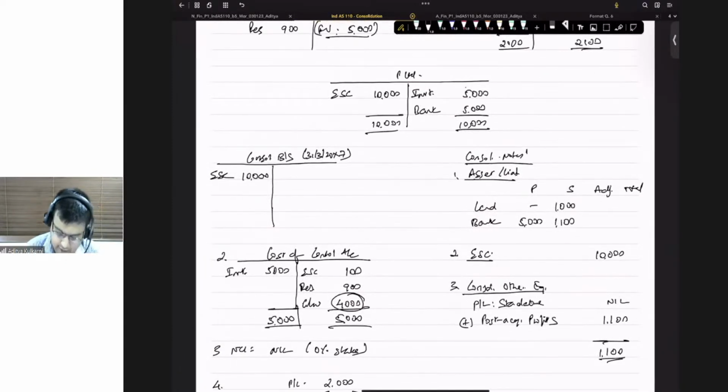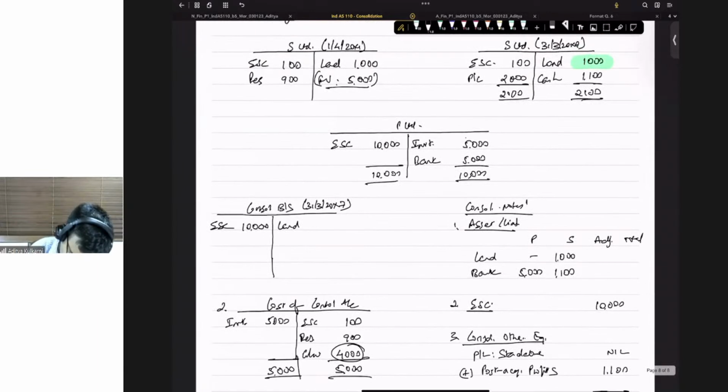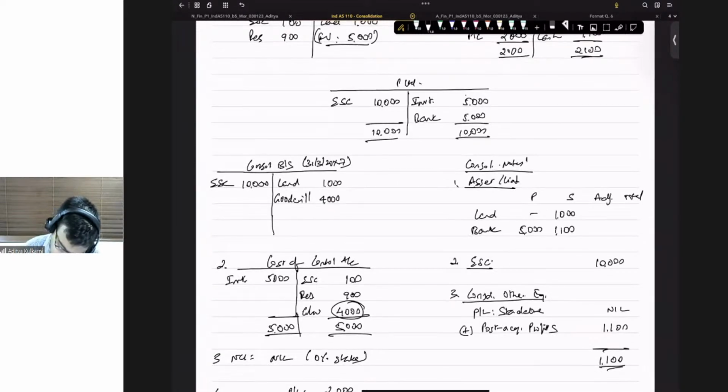So now if I start pulling the figures here, I will be getting land appearing at 1000, goodwill appearing at 4000, P&L share in the reserves appearing at 1100, bank appearing at 6100. So this comes to 11,100.